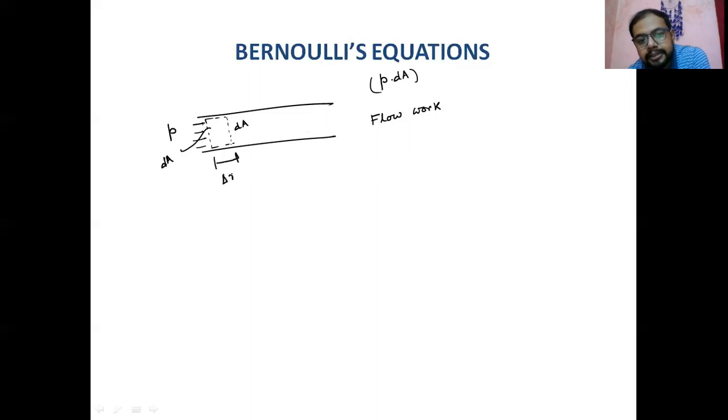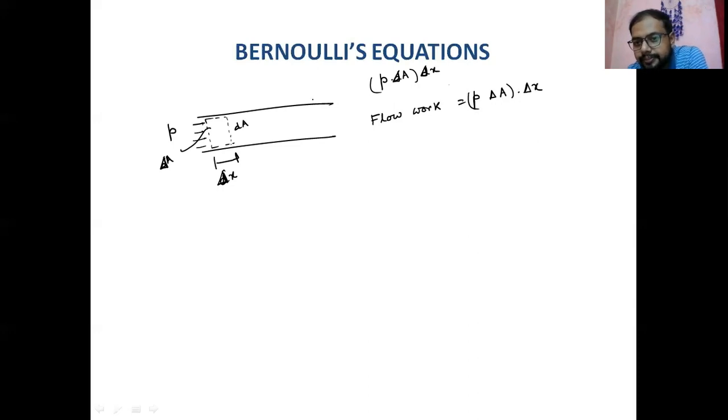Let the displacement be del x. So the work done is P del A, the force, into the displacement del x.